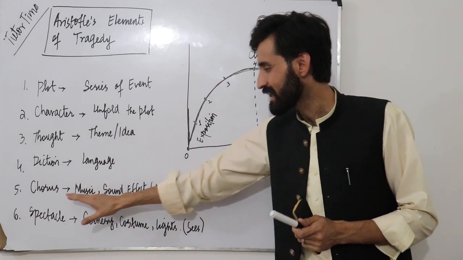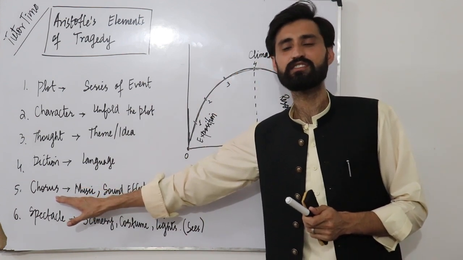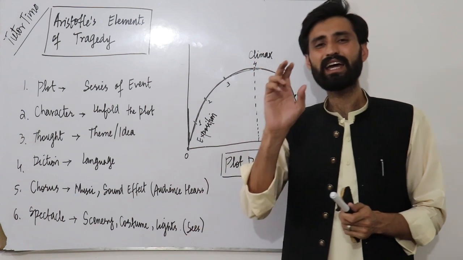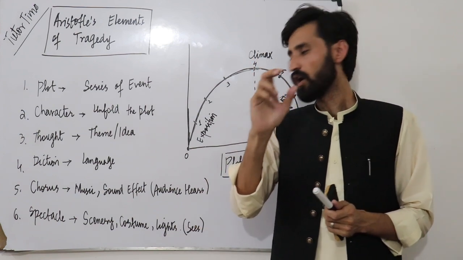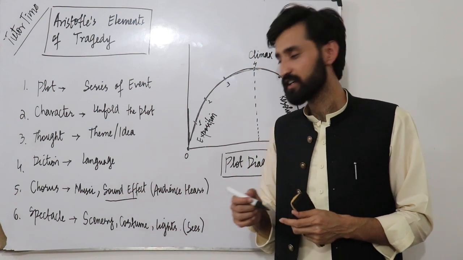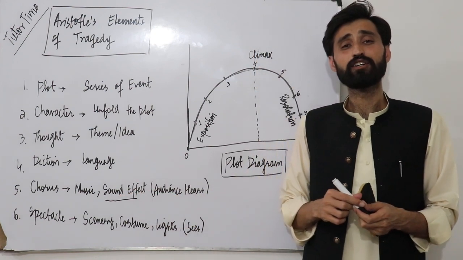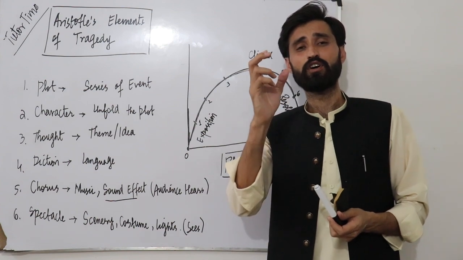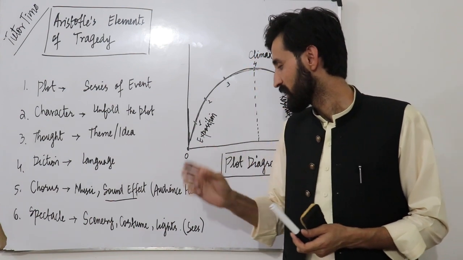But we're not taking this term in the literal sense. Usually it means the introduction of a song or musical element, in which we can have sound effects as well, like thundering and storming and the sound of raindrops.